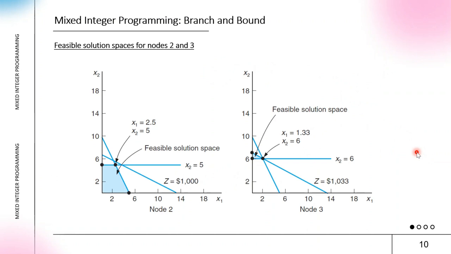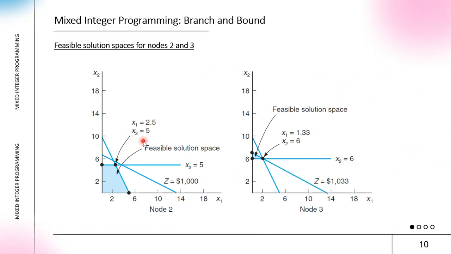This slide visually illustrates the feasible solution space for node 2 and node 3. Each region is shaped by the intersection of all constraints, including the branching ones. Consider node 2 in the graph on the left side of the slide, this graph.